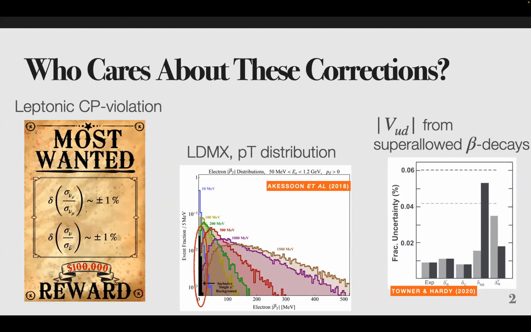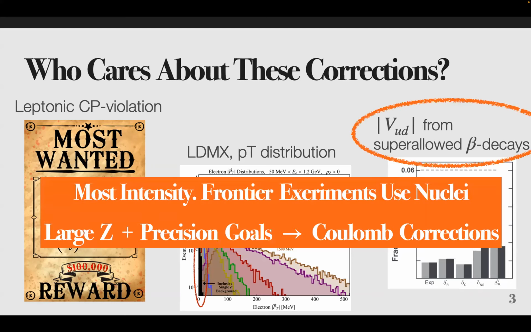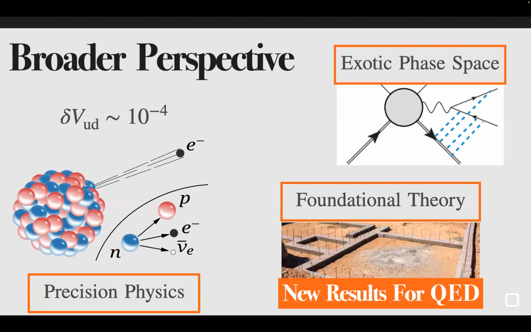So for certain things, you're just stuck with dealing with heavy complex nuclei. And when that happens, if they have a large charge and you care about weird pockets of phase space or you have precision goals, then you need to worry about Coulomb corrections. So the fact that the nucleus is a big charge changes power counting, and you can get corrections that are enhanced by the charge of the nucleus.